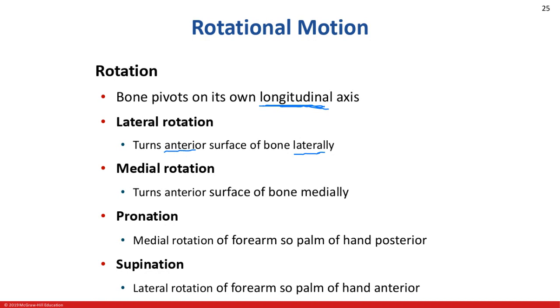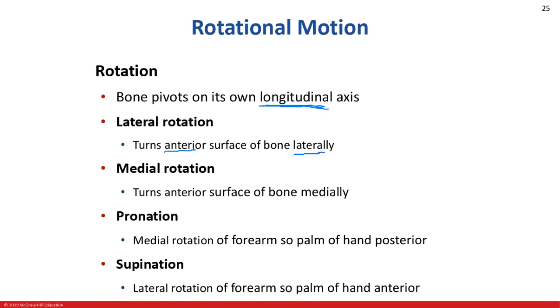If I'm going to do lateral rotation, the anterior surface of the bone I'm dealing with is my humerus, my biceps muscle. That anterior surface, I want it to point laterally. So I'm just going to move my fists out. If I had white tape, I'd put it on here. The anterior surface of that bone will move laterally.